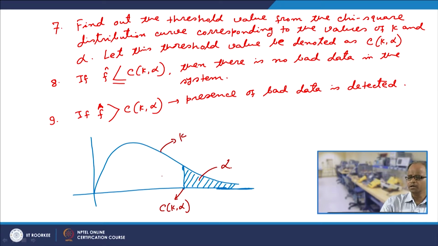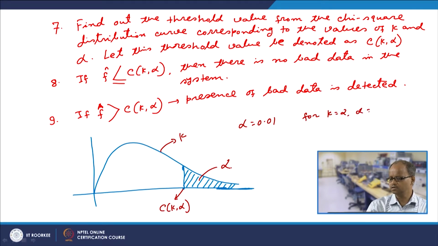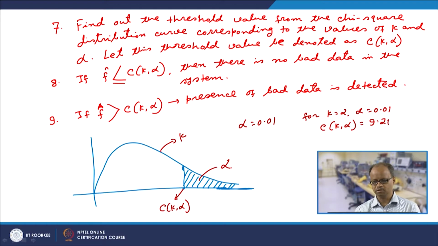So, what does it mean? Suppose alpha is equal to 0.01. In our table, for k equal to 2 and alpha equal to 0.01, C k alpha is equal to 9.21, which we have already seen in the last lecture.